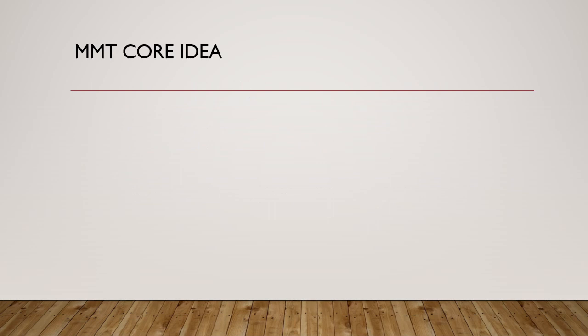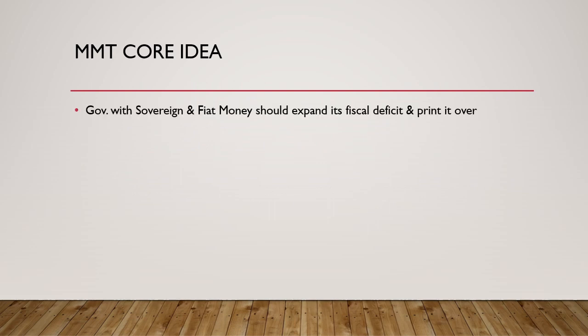Now, what's the core idea of MMT? Under MMT, in today's modern monetary setup, if the government has sovereign control over its money supply, the fiat money, it should expand its fiscal deficit and print money to achieve its objective of full employment.